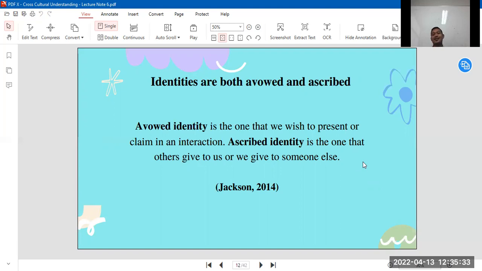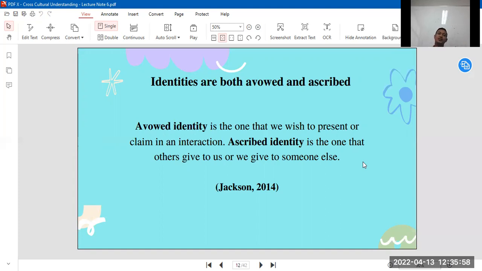By Jackson's 2004, identity is concerned with the way individuals or groups see, define, and even express themselves, as well as how other individuals or groups define or label them.